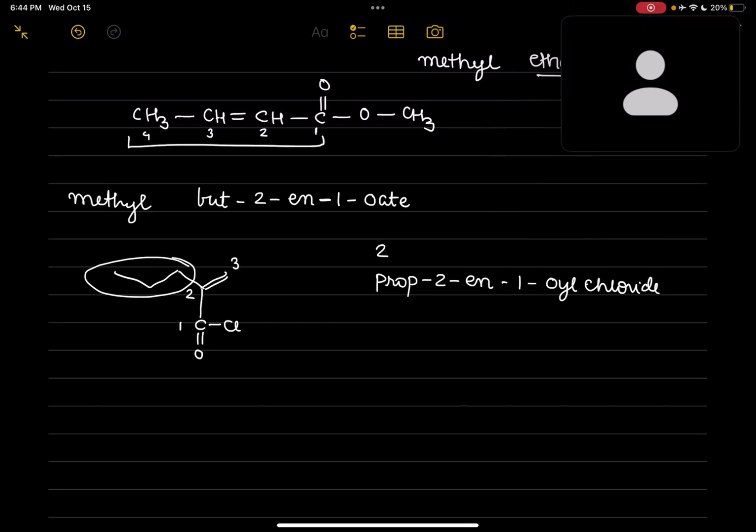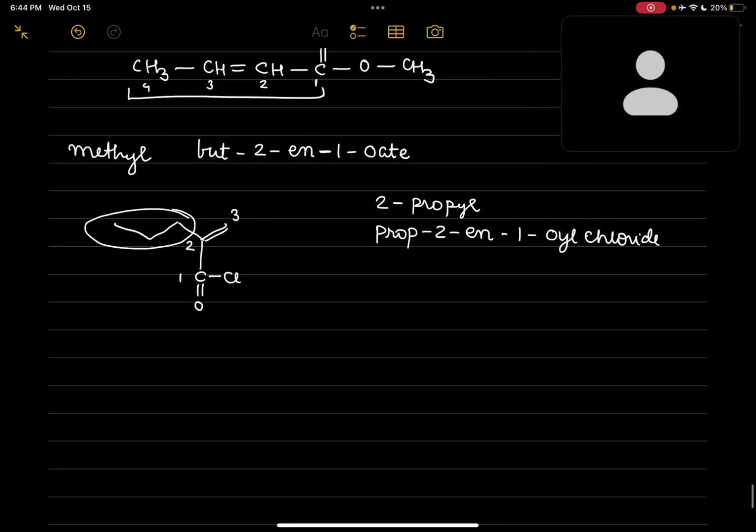It could be methyl. This is of three carbon atoms, so 2-propyl. Got it? Yes, sir. So 2-propylprop-2-en-1-oyl chloride. Getting my point? Okay, sir. Yes, sir.